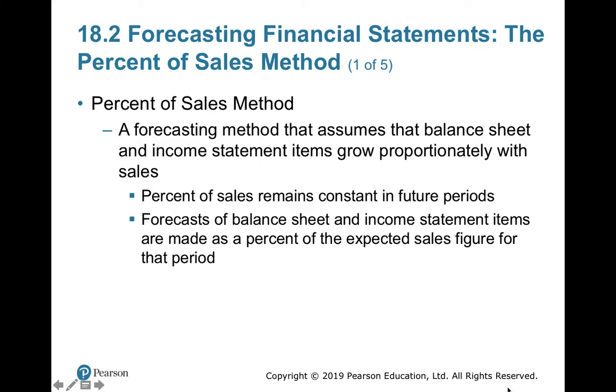In the balance sheet also we can make the percentage of sales like the current assets, the cash as a percentage of sales, receivables percentage of sales, inventory percentage of sales, current assets percentage of sales, fixed assets percentage of sales, total assets percentage of sales.